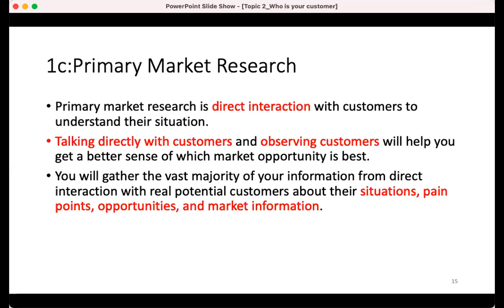So this is a very interesting hypothesis to test out, because sometimes we take things for granted. We assume too many things without looking at the real market itself. That's why primary market research is very important. It's the direct interaction with your customer to validate whether your assumptions are true or not. And even by talking to them or observing what customers do will help you come up with new ideas, identify new opportunities, new ways of selling things.